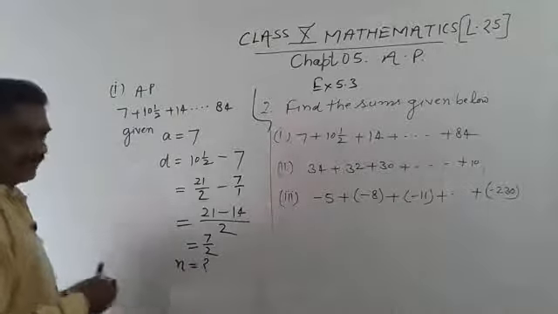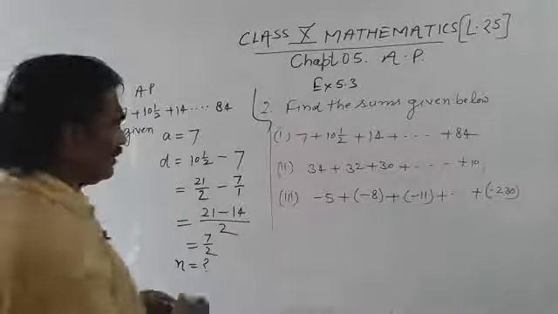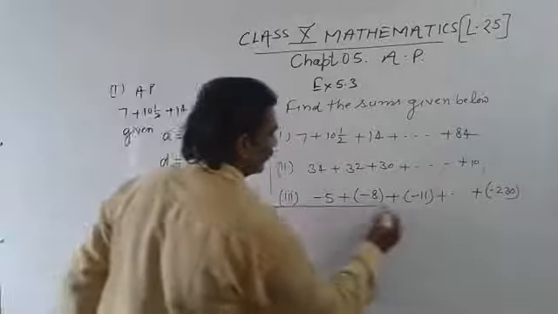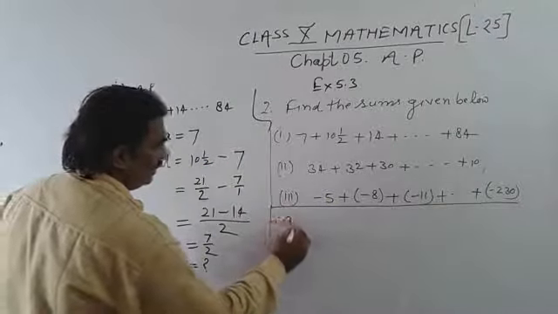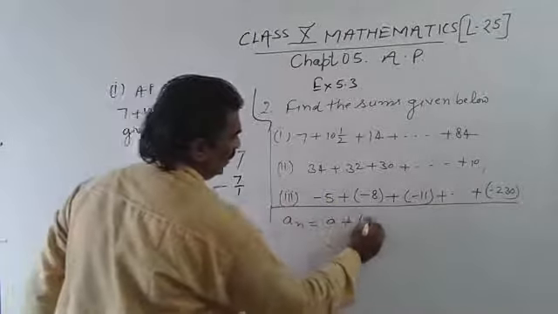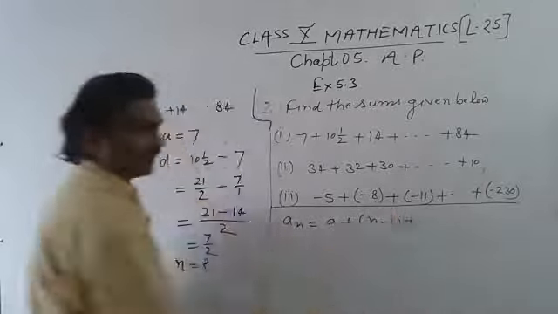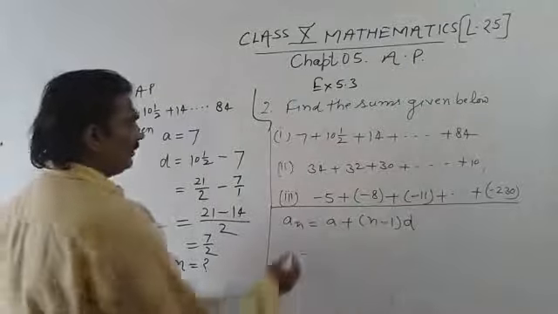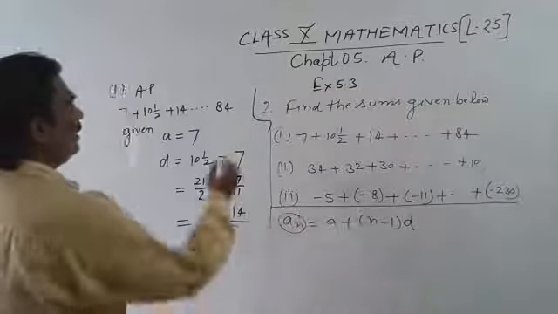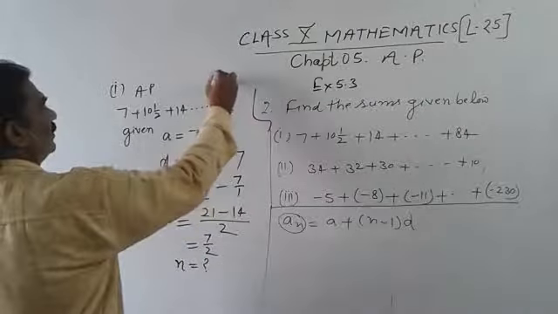So now students, we will use the formula to find an. Now an is equal to a plus (n minus 1) into d. So students, we have this formula. An means the last term. Here an is 84.